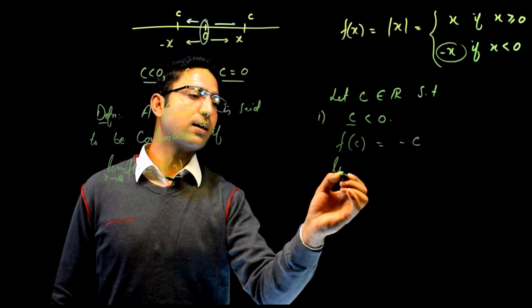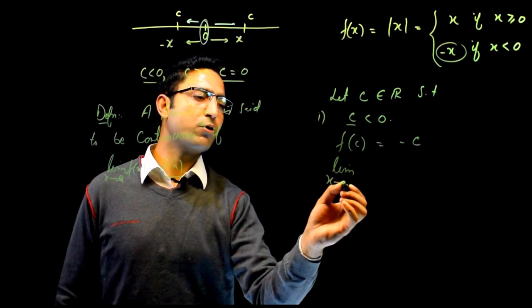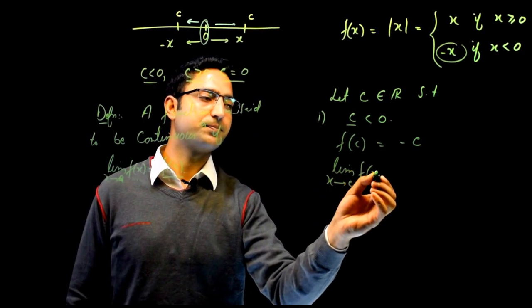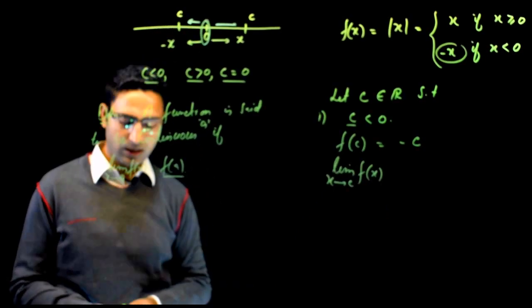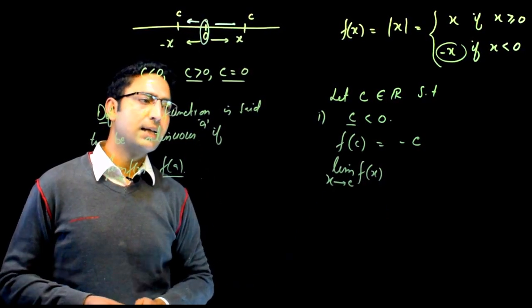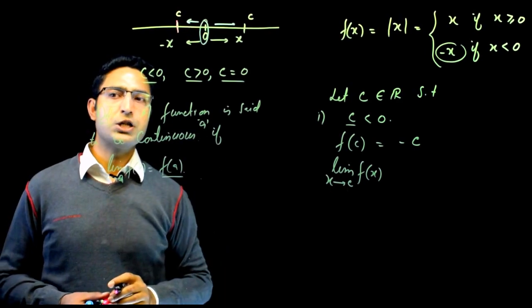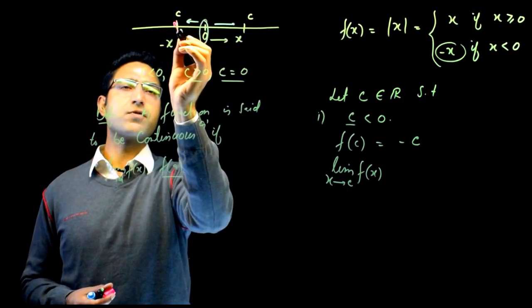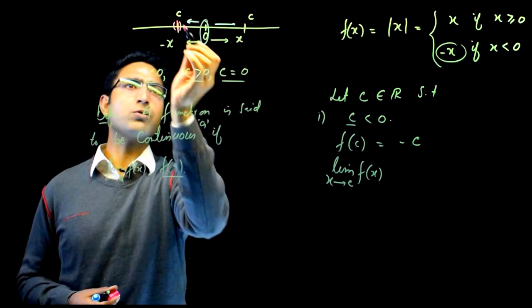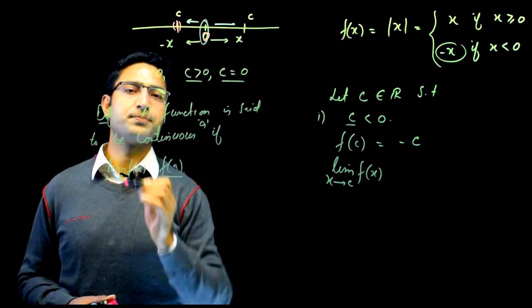Also we have to look at the limit as x approaches c of f(x). Now we know that this c is to the left of 0. So if we consider any x's which are to the left or right of c, all those x's will be left of 0.